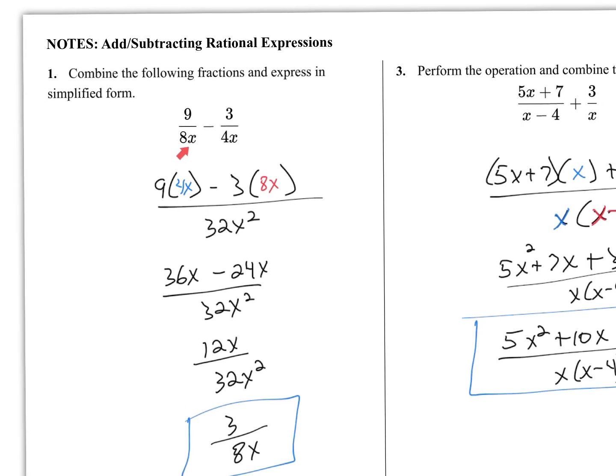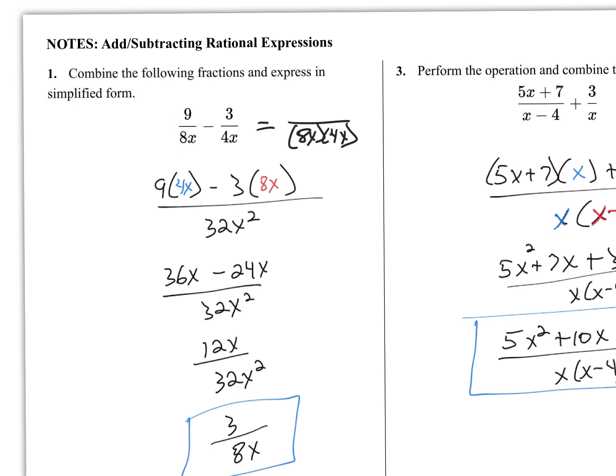So here we have a denominator of 8x in the first fraction and a denominator of 4x in the second fraction. So technically, the common denominator is 8x times 4x. Before you can add or subtract, you want to make sure that both fractions account for 8x times 4x.